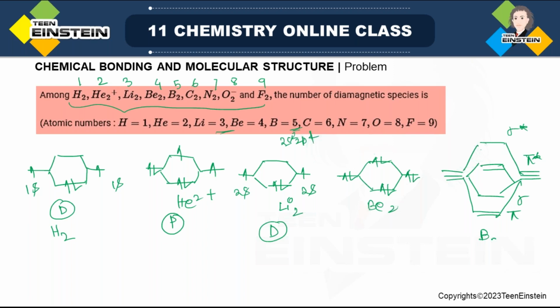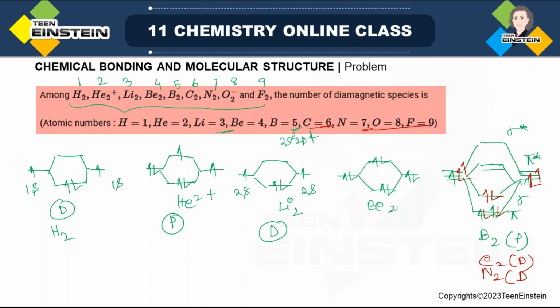When it is B2, it is basically 1 electron in each, so both these electrons you will place like this. So this is paramagnetic. Now the next species, that is C, now it is 2p2 both sides like this. So now there will be 2 more electrons, but not paramagnetic. So this is diamagnetic. When it is 7, total 3 electrons each, that means now in sigma you will fill, so N2 is also diamagnetic, right?